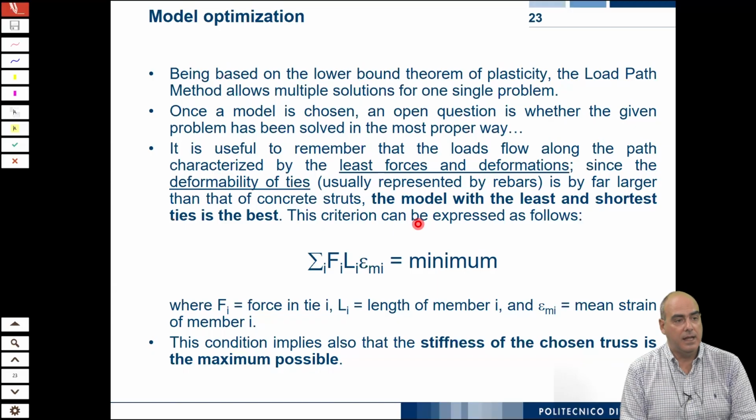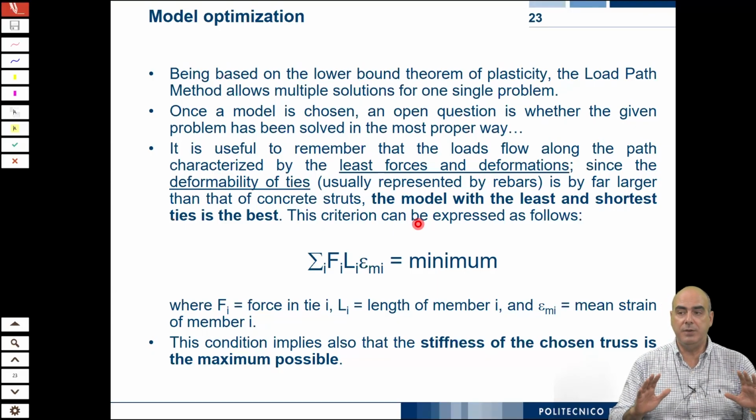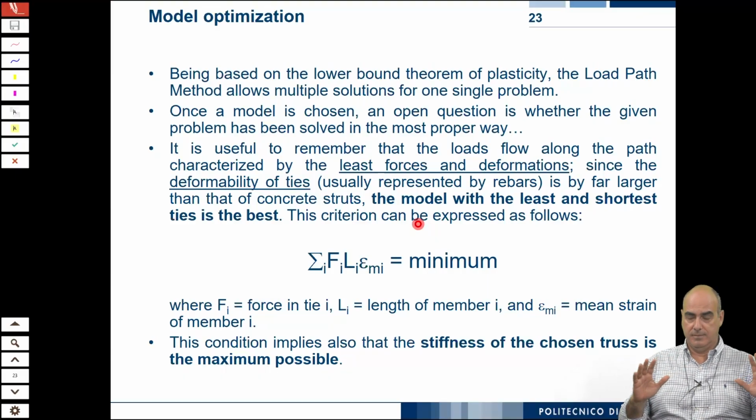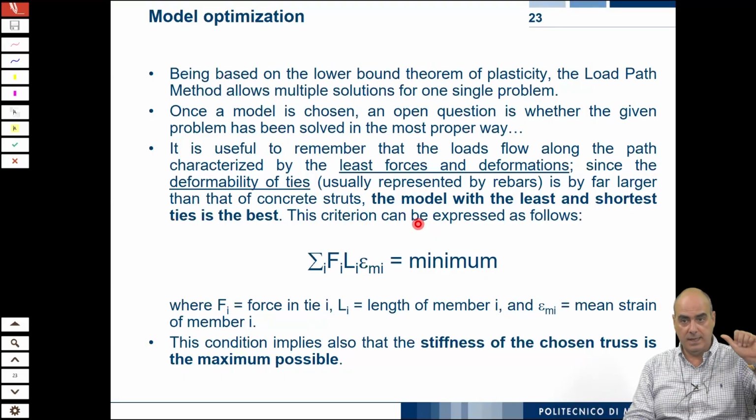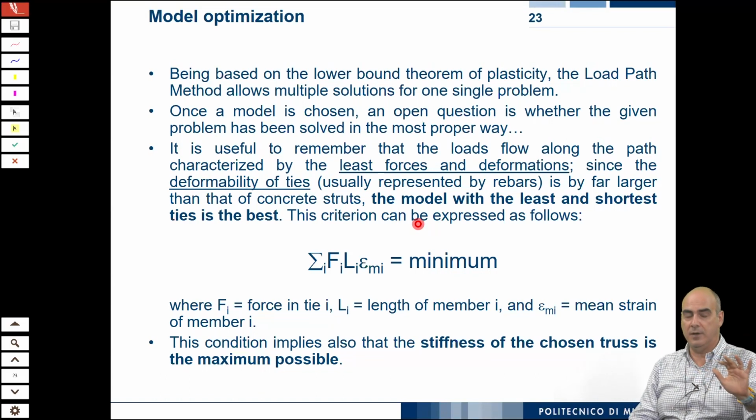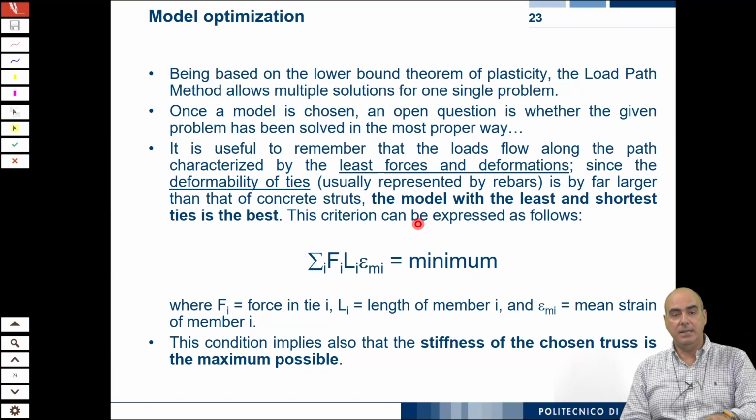And if you are able to find a distribution of stresses in the structure which is in equilibrium with the applied external loads, first condition, the distribution of stresses must be in equilibrium. And second, it must nowhere exceed the bearing capacity of the materials that the structure is made of.